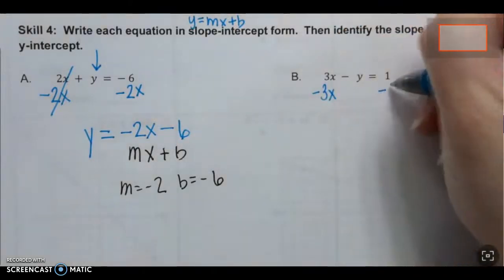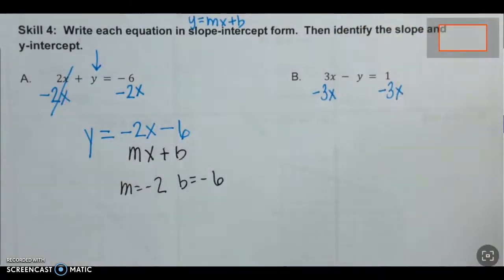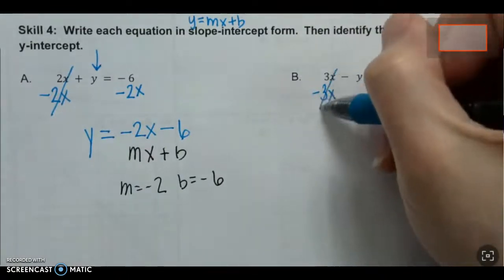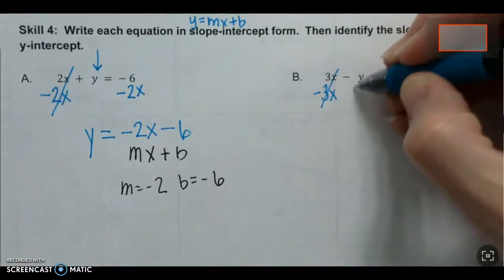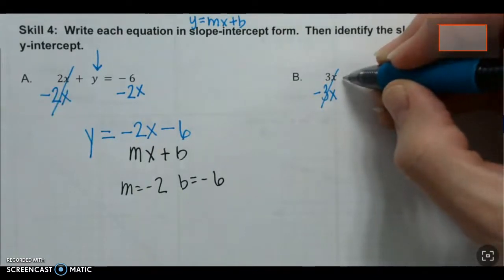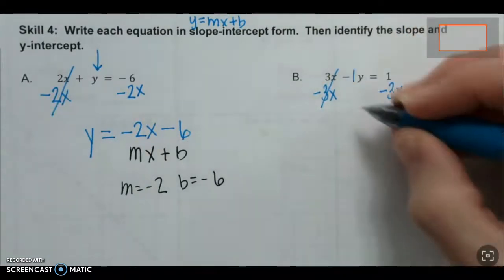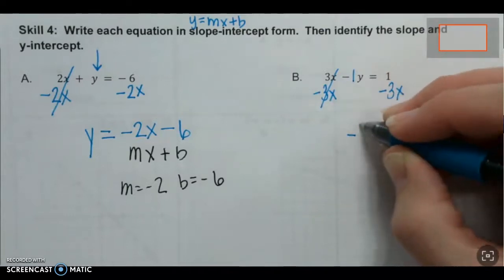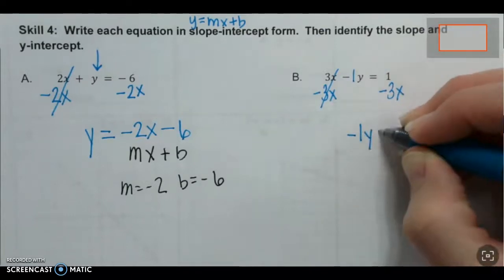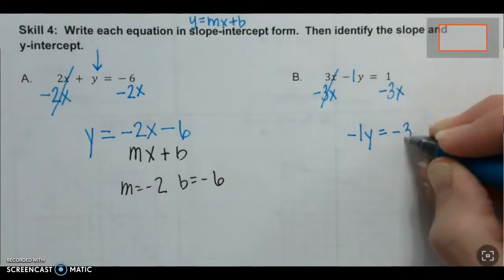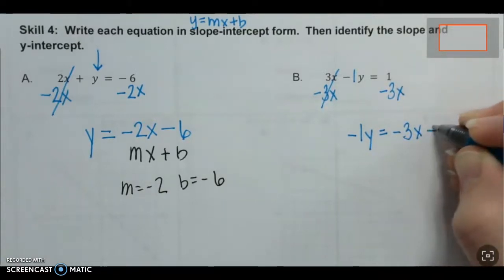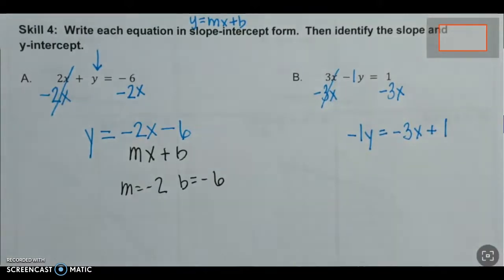We're just moving it over to the other side, but keeping it balanced by doing the opposite. The reason this one changes is when I bring down this y, it's not y, it's actually -1y. So when I bring that down, -1y, and then write these two numbers next to each other, and that's a +1. And I'm not finished yet.